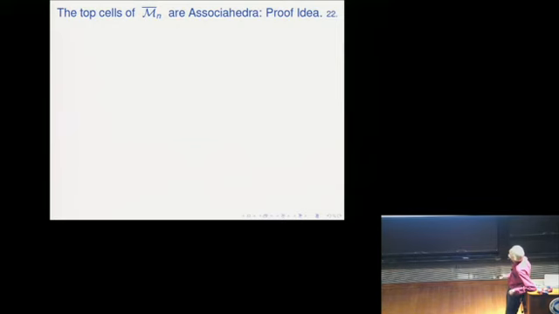This is the idea of a proof. When n equals 5, what does this give? Well, it gives the top cell of M6, which you described, with 6 pentagons and 4 squares.